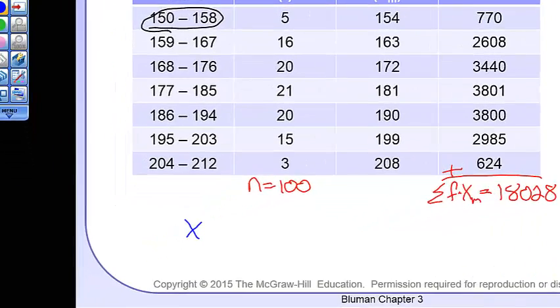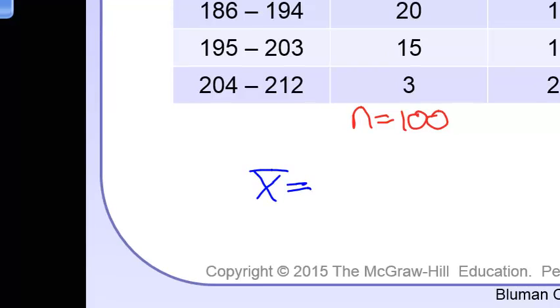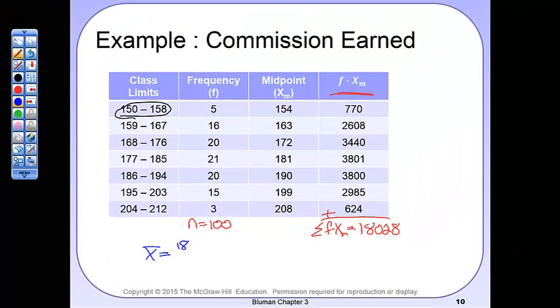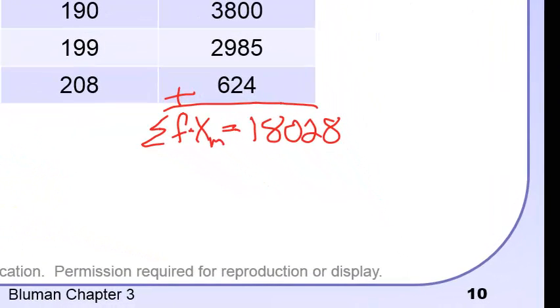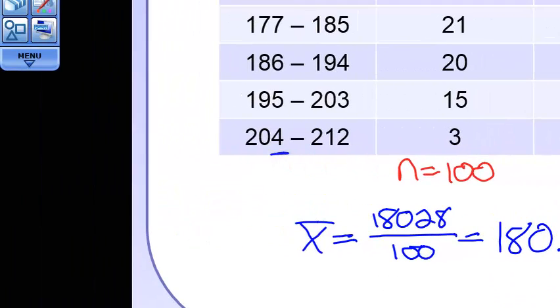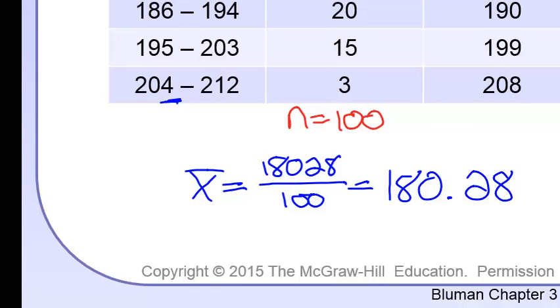Now my mean is going to be 18,028 divided by 100, which is going to give me 180.28. We round to one decimal place more than what we start with, and since we started with whole numbers here, we're going to round to one decimal place.